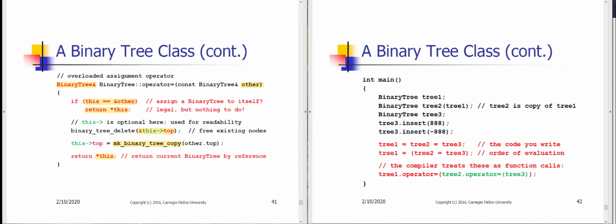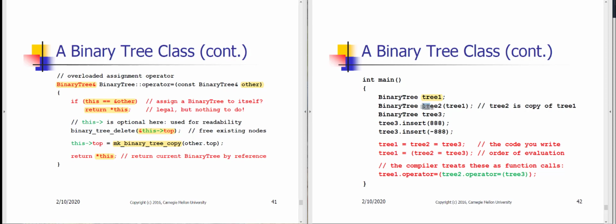Okay, so here on slide 42, we have a main function, an application, that is declaring and using 3 binary tree objects. The first one, tree1, is a binary tree that's going to be created by the default constructor, and all the default constructor is going to do is to set the top data member within tree1 to 0, or null pointer.